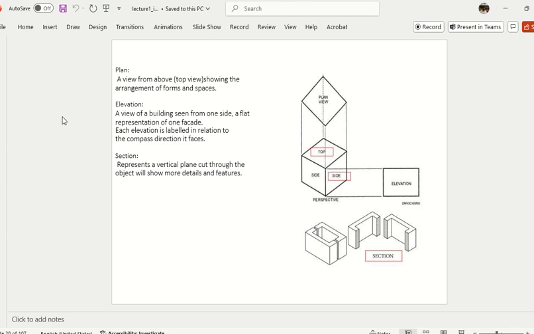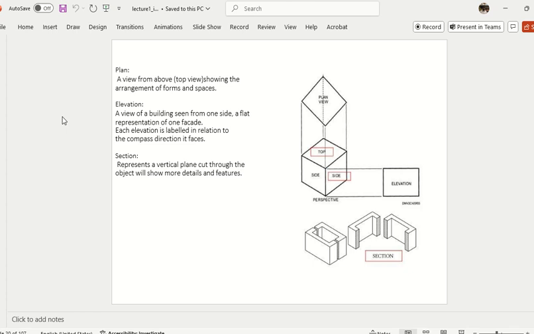If you look at the elevation, can you see what is inside? If you want to see the inside, then we draw another one, called a section. So there are three types of 2D drawings. One is looking at something from the top: we call it the plan.